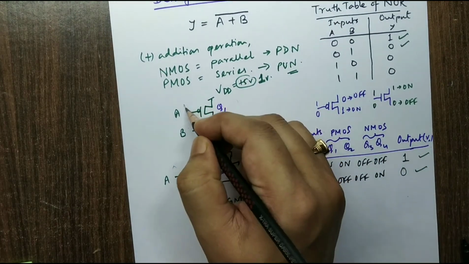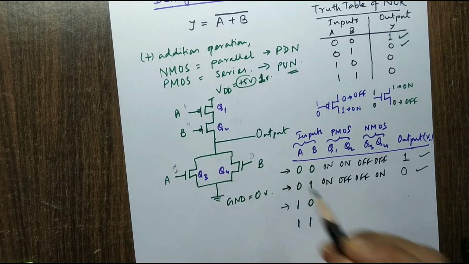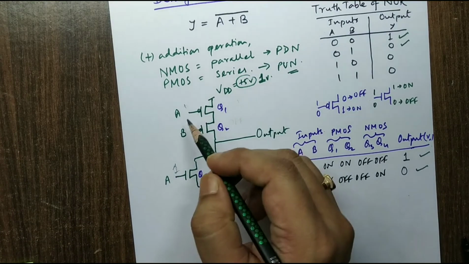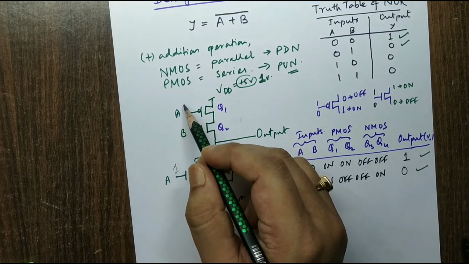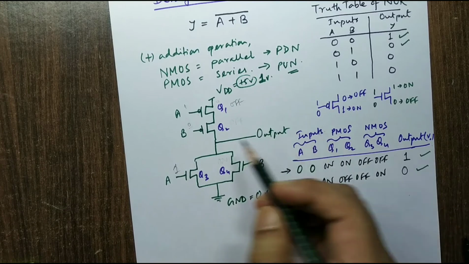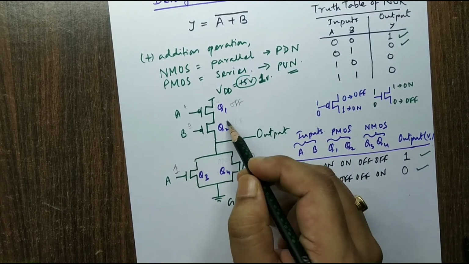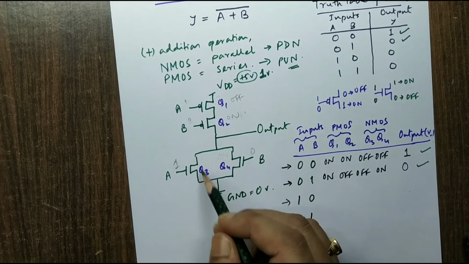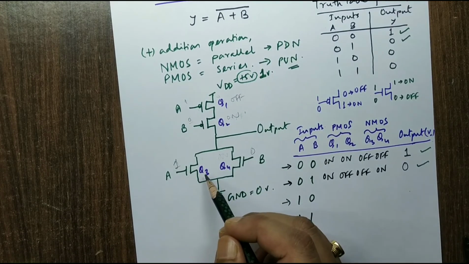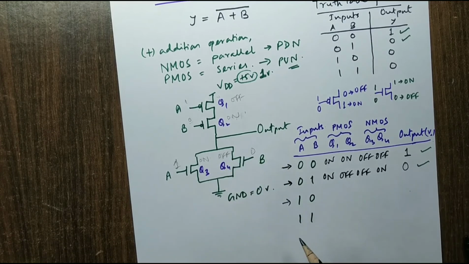If A is 1, B is 0, due to this bubble, A is 1, so Q1 will pass ultimately 0, that means it is off. And due to this bubble, I am putting B equal to 0, that means Q2 is on. This NMOS will give 1 only, so Q3 is on, but Q4 is off, right?